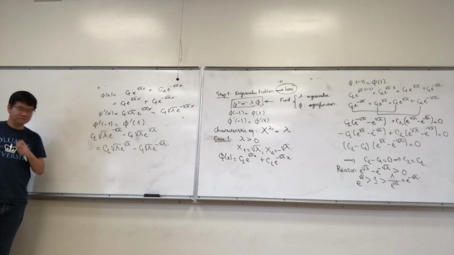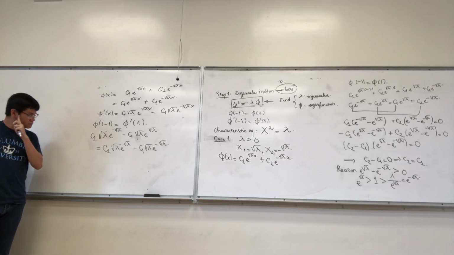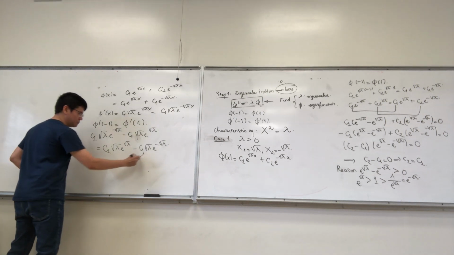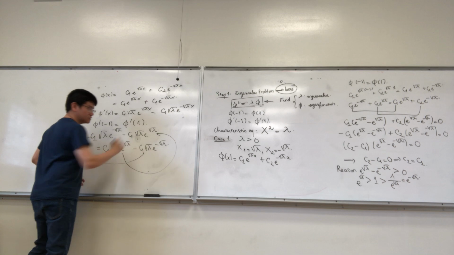You combine terms on one side, so you'd end up with 2c1 square root lambda times e to the negative square root lambda minus e to the square root lambda equals 0. So you combine this with this and this with this, right?